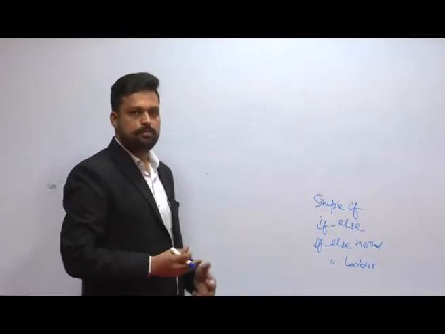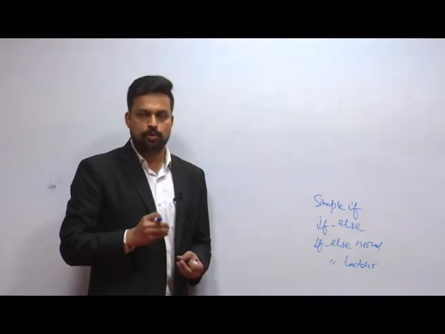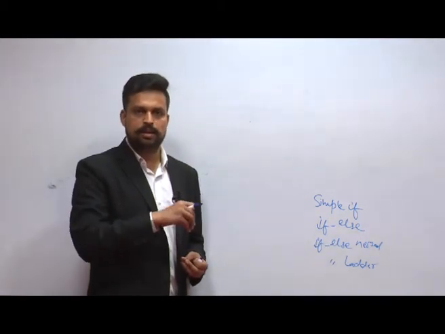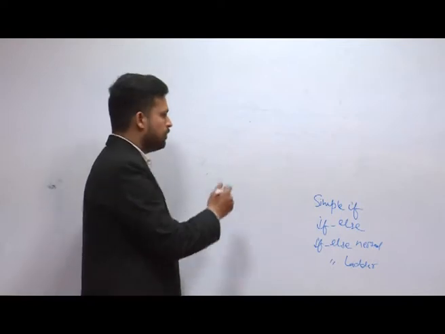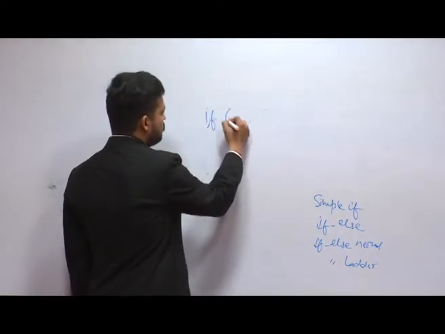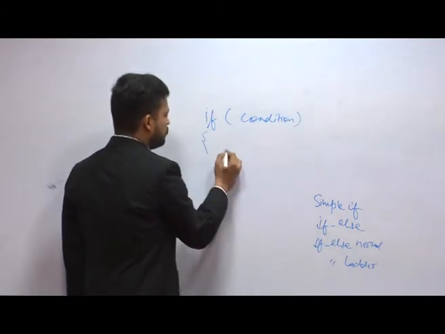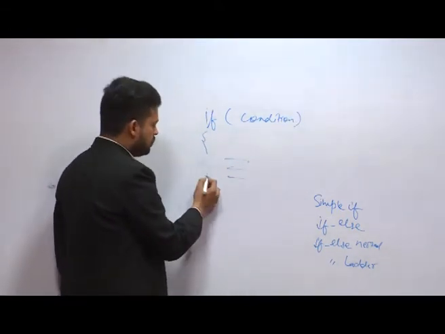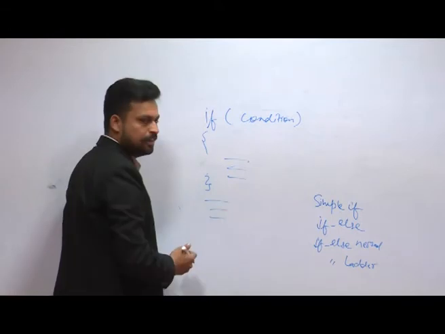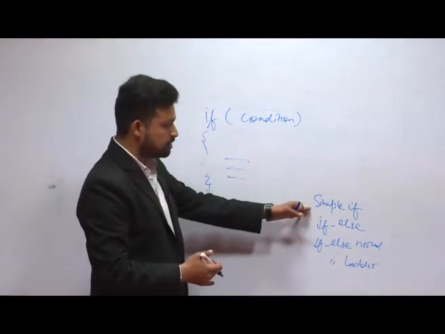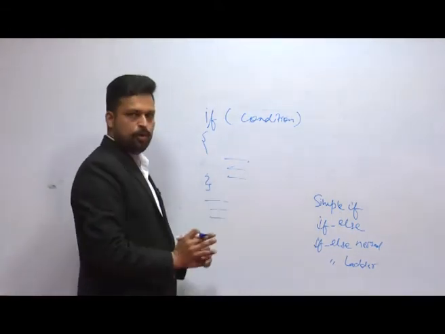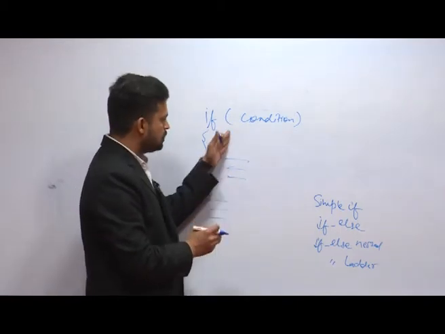If we have a simple condition and we have to take a decision based on that condition, that is known as simple if. The syntax is: if condition, the executable part, and the rest of the statements. It is very simple, as the name indicates. There is no false part in this if condition.